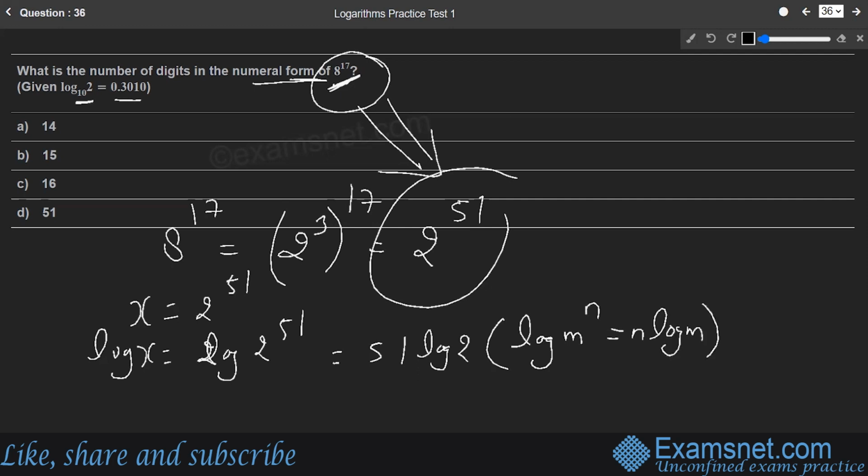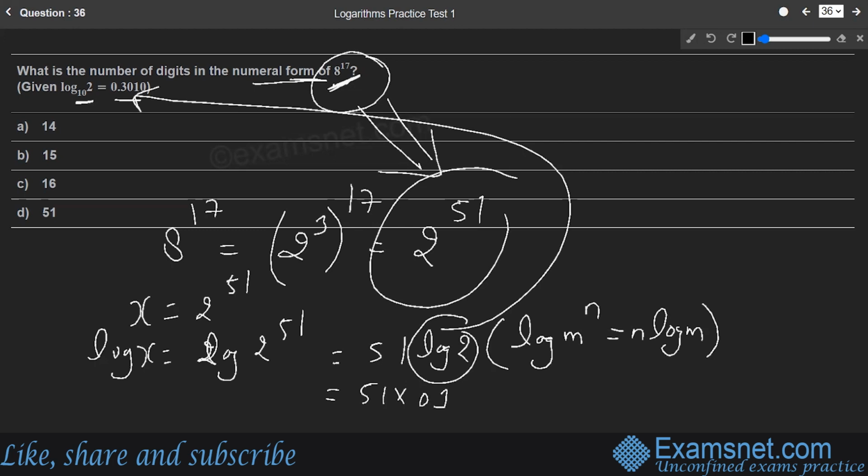That is the property used here. Okay. Now log 2 value is already given to us in the question itself, 0.3010. Let us do that. So it's going to be 51 into 0.3010. If you solve this further, this comes out to be 15.3510.